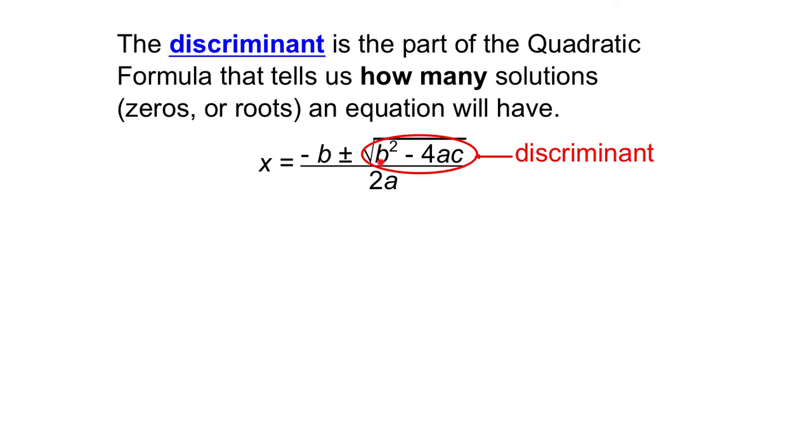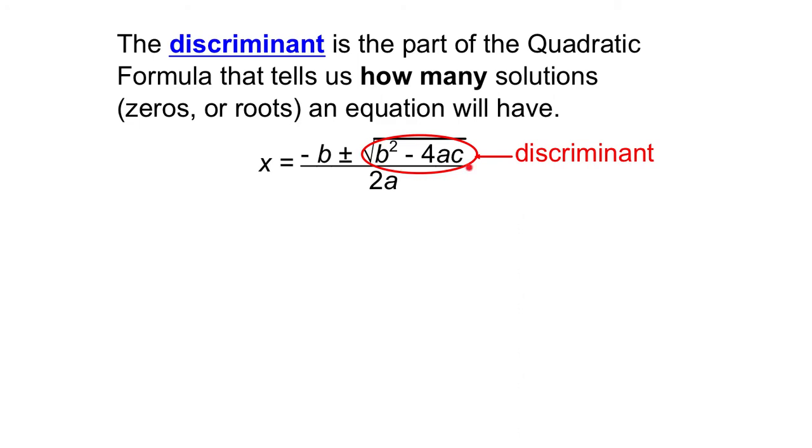Also, if the discriminant is equal to 0, well, the square root of 0 is 0. So when we find out what x is, we're adding 0 and subtracting 0 to get our two different answers. Well, they're not going to be different answers. There's only going to be one answer, because whether you add or subtract 0, it makes no difference.